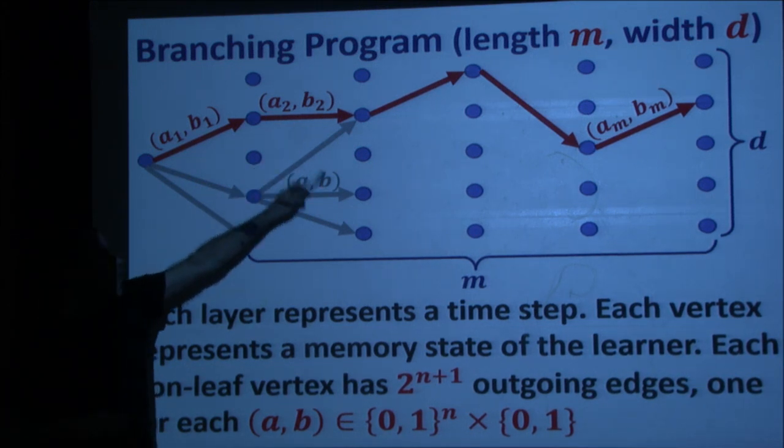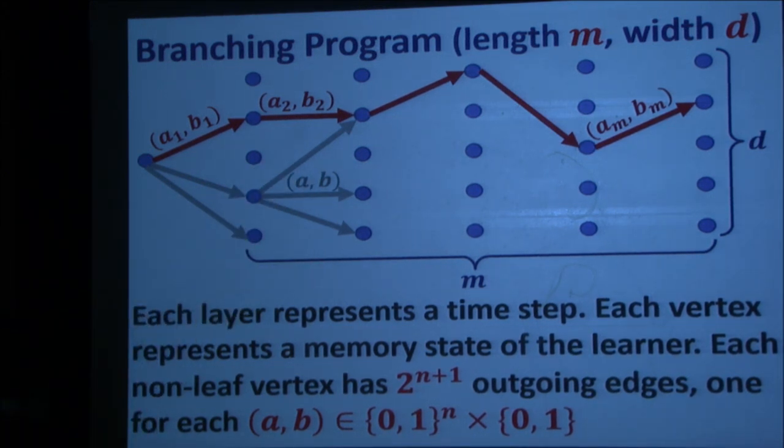These edges all go to the next layer, and they represent to which memory state the learner switches if the learner is now in this memory state and reads (a, b). So if the learner is in this memory state and reads (a, b), the learner just moves to this memory state. So this is a branching program.